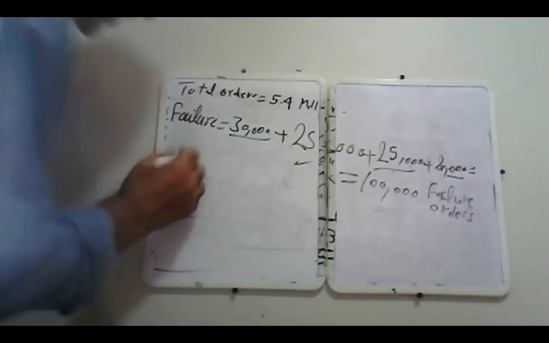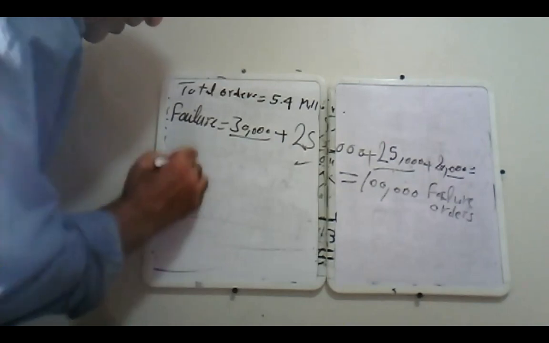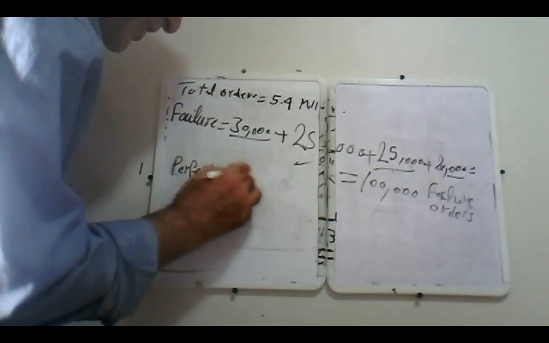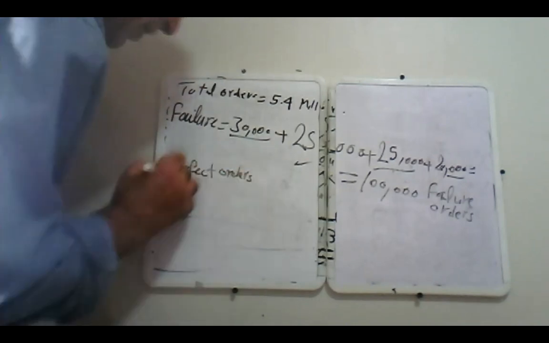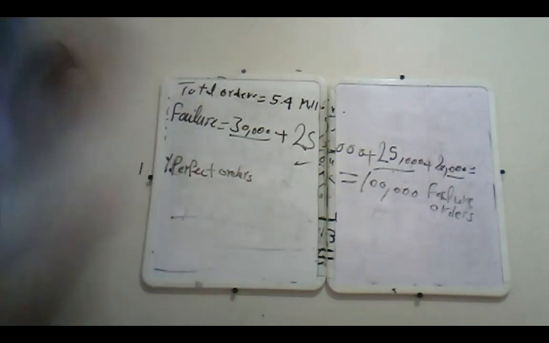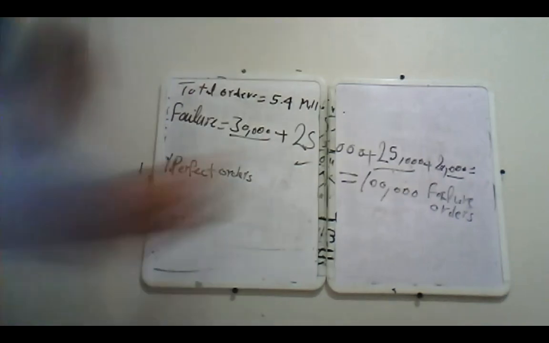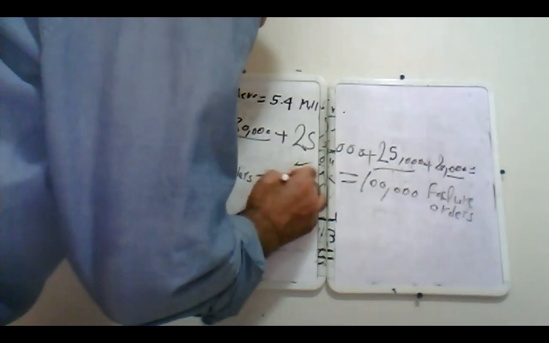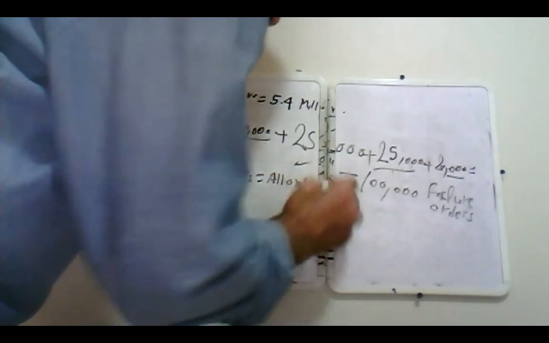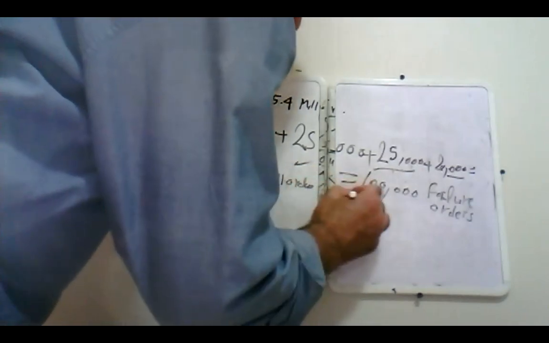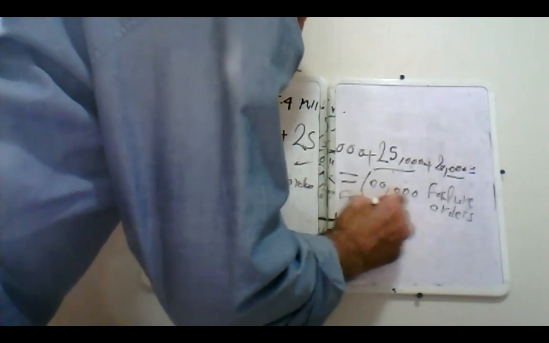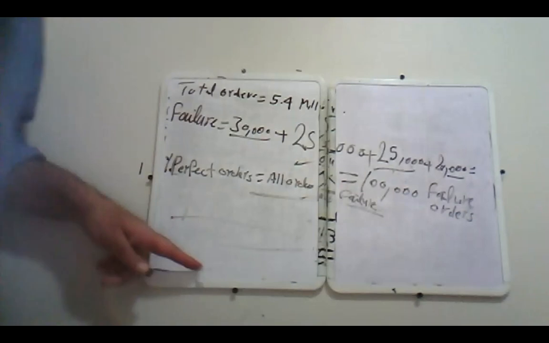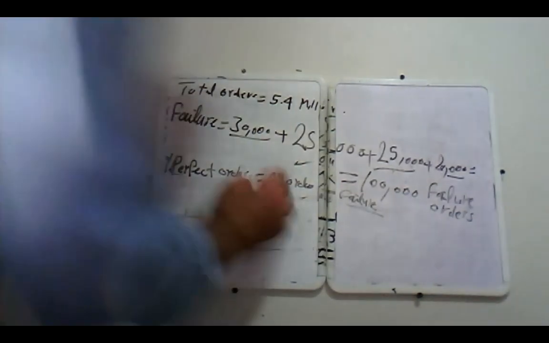So the perfect orders percentage equals all orders minus failure, divided by all orders.